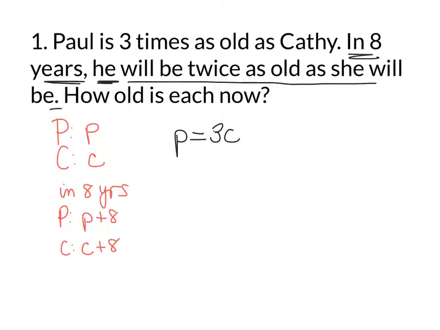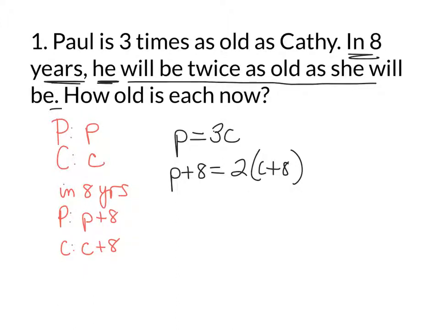So that means Paul in 8 years, so that's P plus 8, he will be twice as old as Kathy. So that's going to be 2 multiplied by Kathy's age in 8 years. How old is she in 8 years? She's C plus 8. Here are my 2 equations.